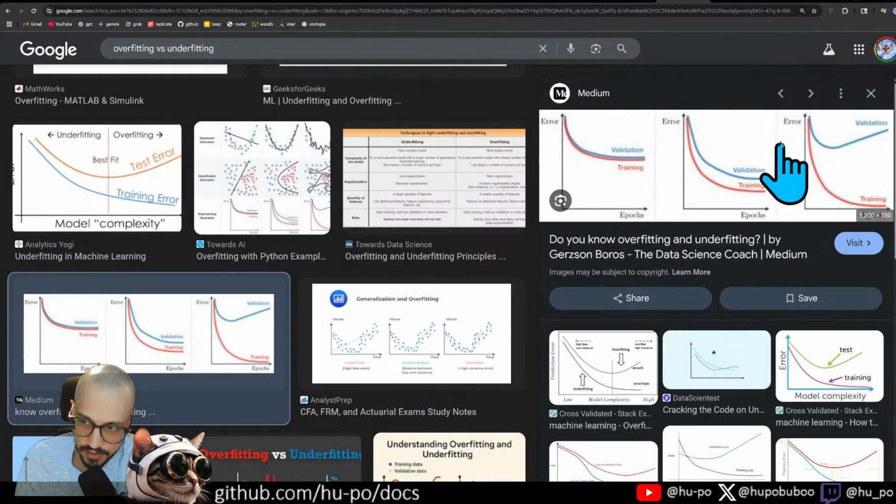Here's one where it's called validation, but basically the validation is supposed to be different from your training so that whenever you evaluate on your validation data, you're actually supposed to get a more realistic score versus if you're just testing on your training data, you're going to be deluding yourself, right? You're going to think you're doing better and better and better, but really you're just overfitting harder and harder and harder.